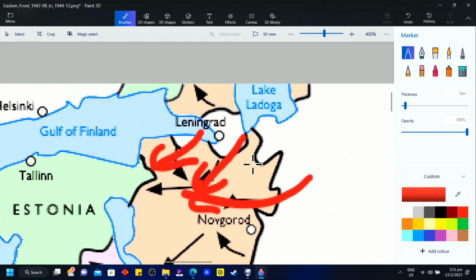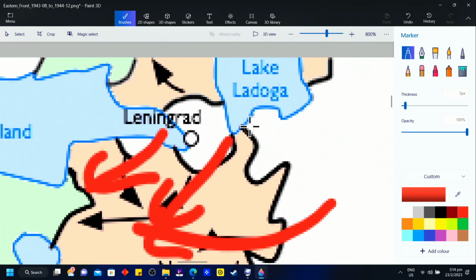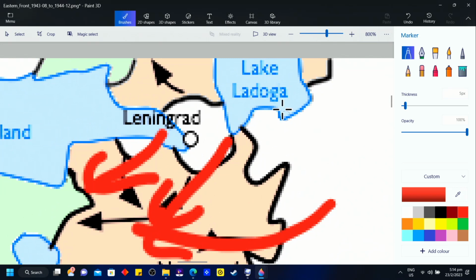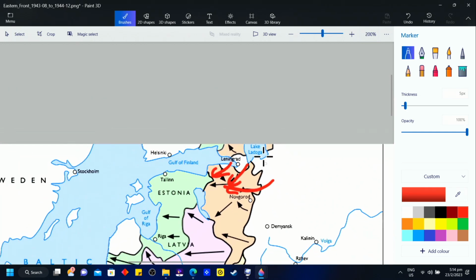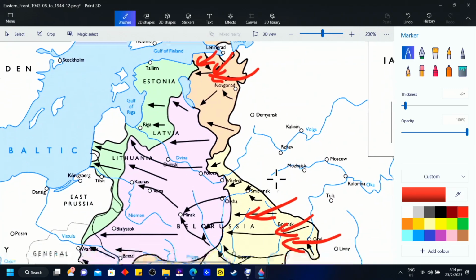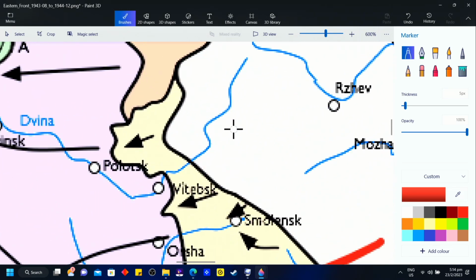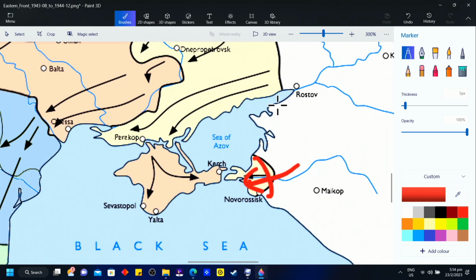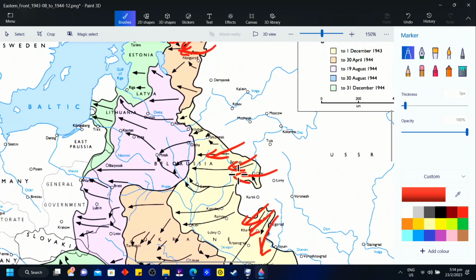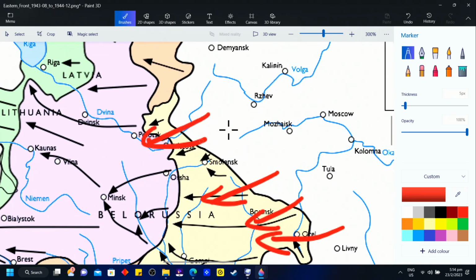I believe they succeeded in that, but it was a very narrow land route, so only limited supplies could go through. It was only in 1944 that Leningrad was finally relieved of its siege. So there was a Leningrad offensive. Then there was also the offensive against the Kuban, the 1943 Battle for Kuban. After that is Operation Suvorov against Smolensk.